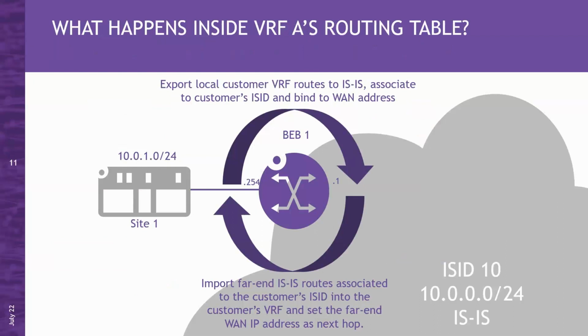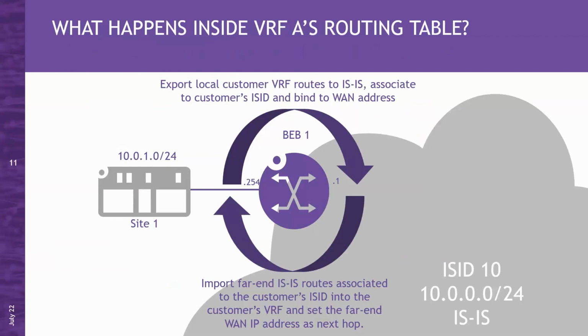This is the interface that the other far-end routers will have on the routing table as next hop for reaching any subnets local to this node. Similarly, the near-end BEB will import any far-end routes from the SPB ISIS routing table into the local VRF, and those routes will have the far-end's BEB one IP address as their next hop.